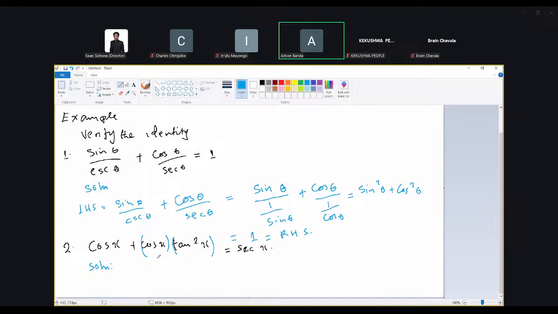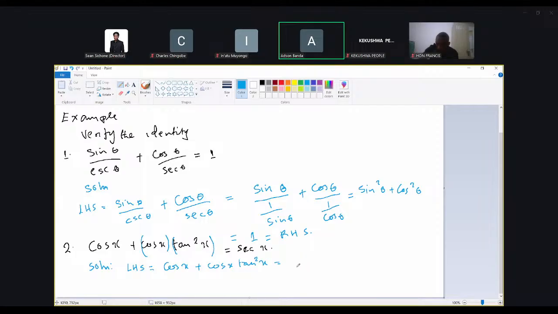Right, so let's try to solve this. Again, I'll start from the left-hand side. The left-hand side has the cosine of x plus cos x times the tangent of x, and this is tan squared. Right, so we have identities that link the tan squared.